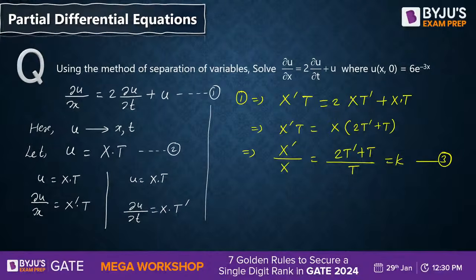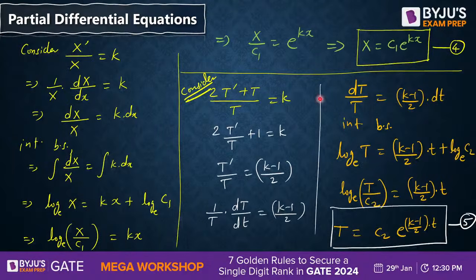This is the first frame. In the first frame, see this equation number 2. In this equation 2, u is equal to X into T. You obtain X and T separately.